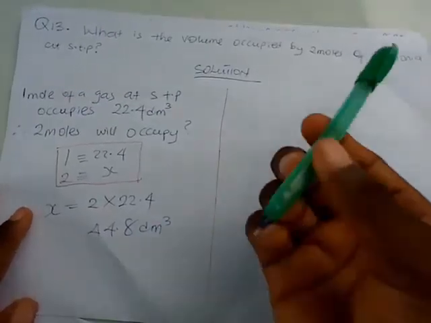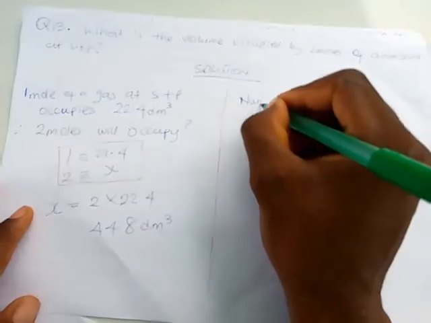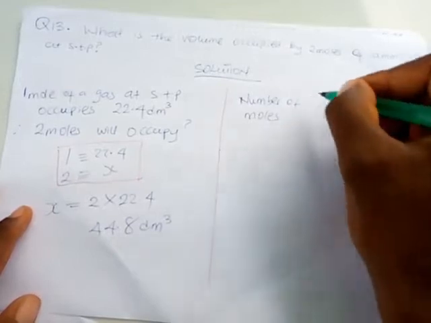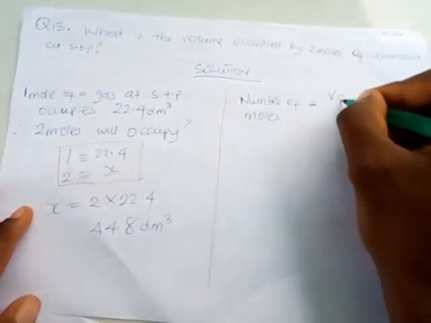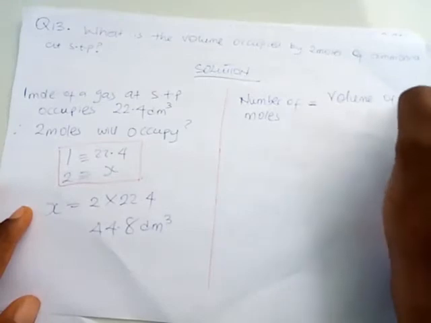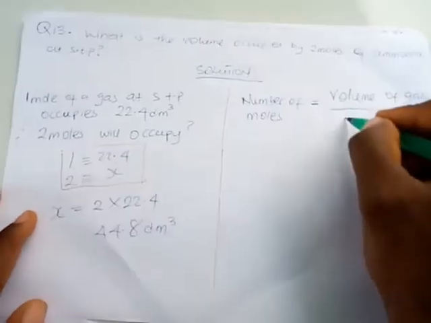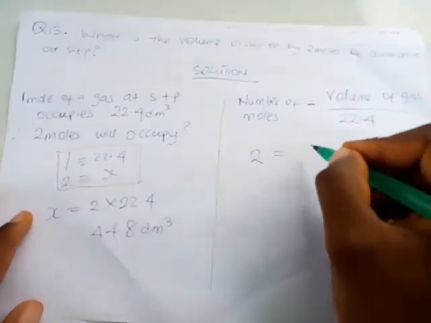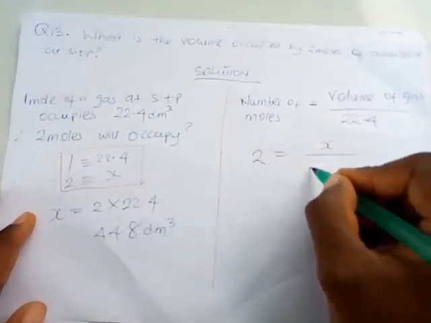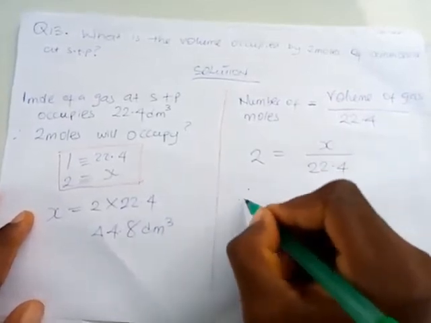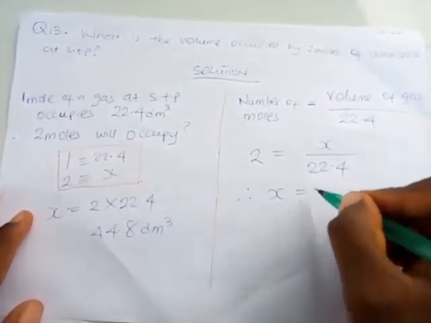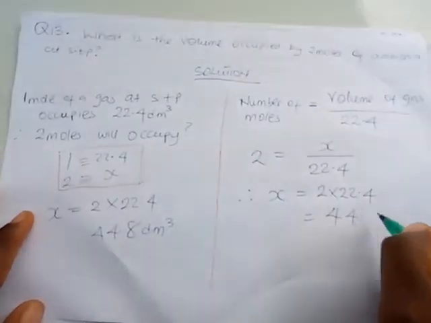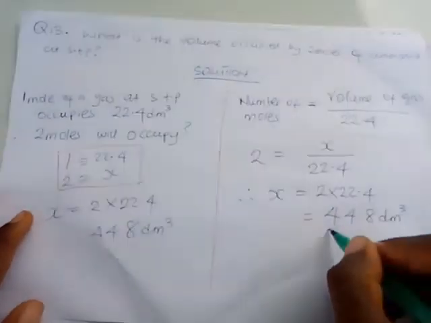So the same equation applies: number of moles is equal to volume of gas all over the molar volume, which is 22.4. Number of moles is 2. Volume of gas is unknown. The molar volume is 22.4. Therefore, the volume of the gas is 2 times 22.4, which is equal to 44.8 dm cube.